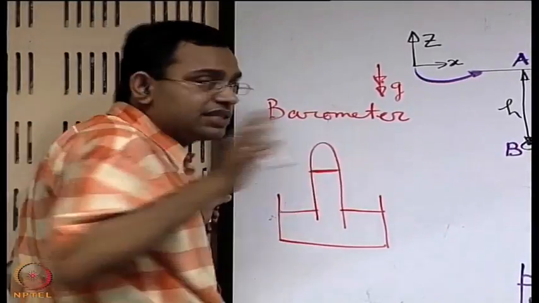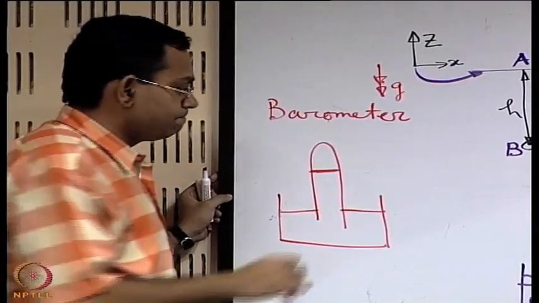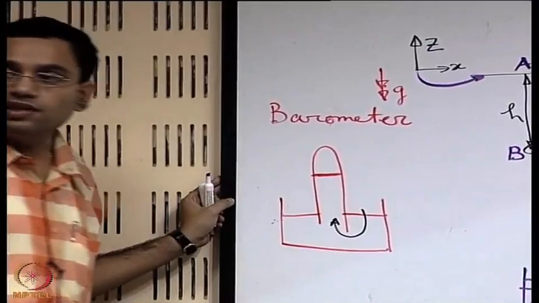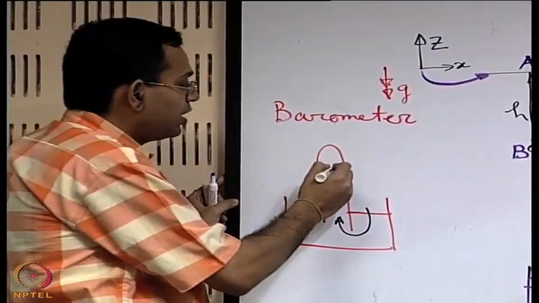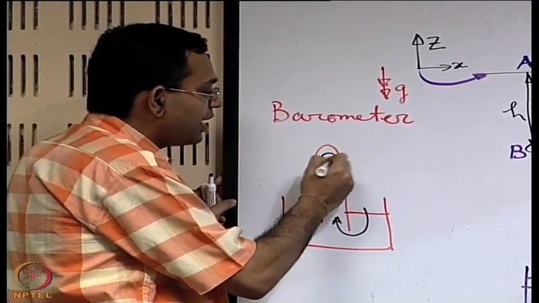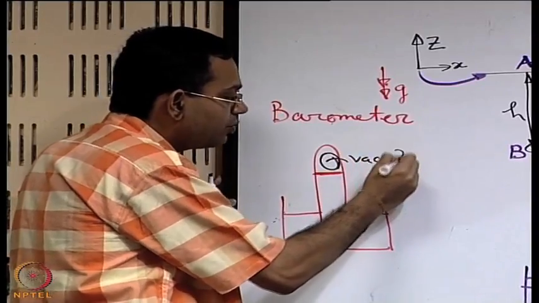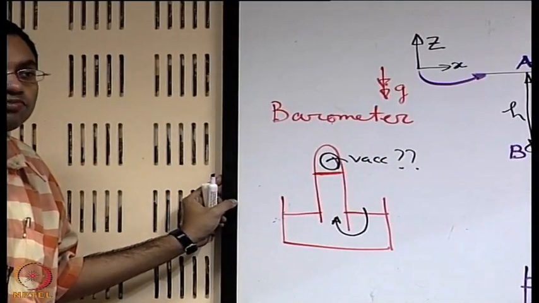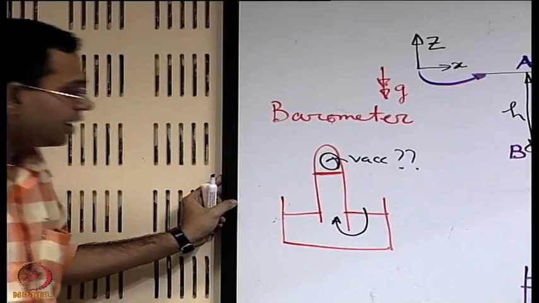Now if we just neglect that effect for the time being, then you have atmospheric pressure acting from this side. If we assume that there is a vacuum here, there is a big question mark whether there will be vacuum or not, but for the sake of simplicity let us assume that there is a vacuum.